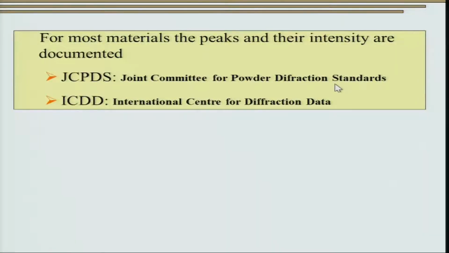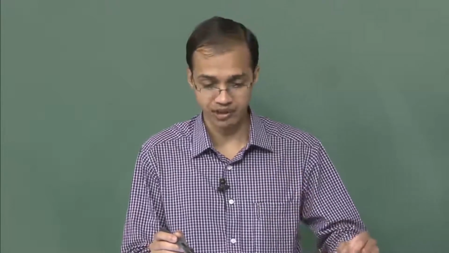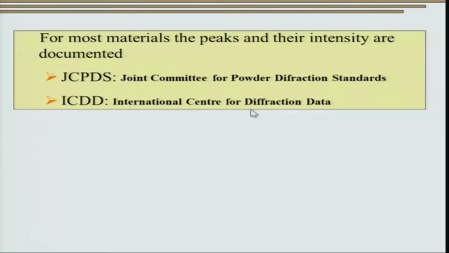These are like standard charts wherein for specific materials all the diffraction information is tabulated. This committee has now been renamed into the International Center for Diffraction Data. This database contains all the data pertaining to all the materials which have been identified till date.